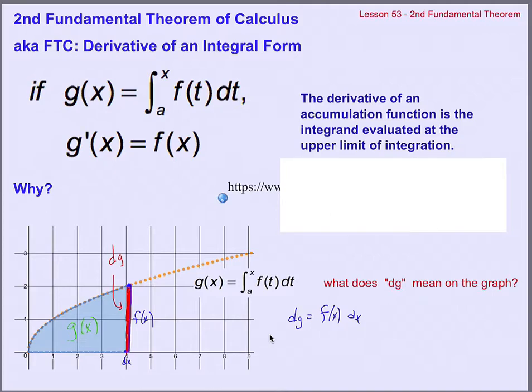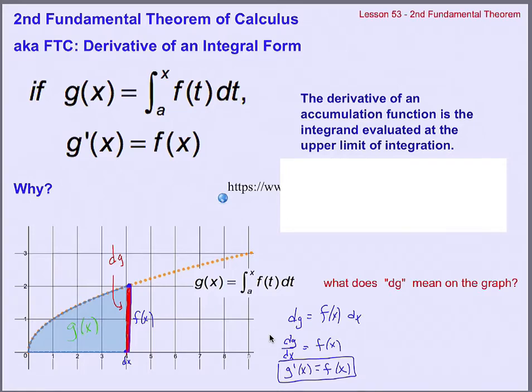So dg, that red rectangle, is equal to f of x, the height of the red rectangle, times dx, the tiny little width of the red rectangle. Well, if I bring the dx over, I can write that as dg dx equals f of x. And dg dx is, of course, another way of saying g prime of x. So this is just another way of thinking about the second fundamental theorem in a way that makes sense.